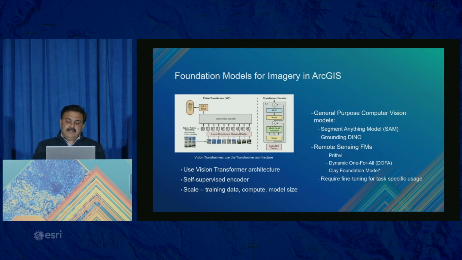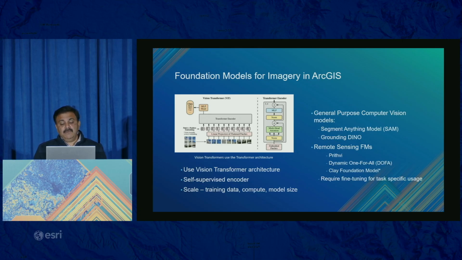Now we are seeing multimodal, multi-scale, multi-temporal remote sensing foundation models like DOFA (Dynamic One-For-All) or CLAY. And these have been trained on Sentinel, Landsat, NAIP, many kinds of imagery, including these days even the SAR data. So these are also coming to ArcGIS.